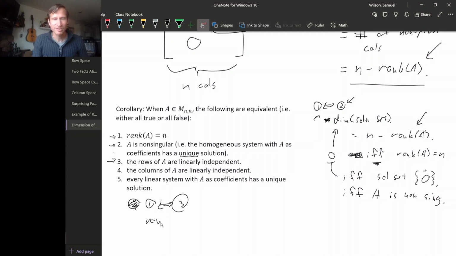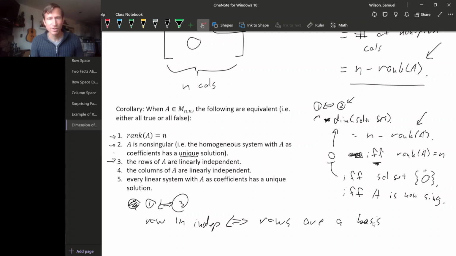Rows are linearly independent if and only if all rows together are a basis for the row space. And I should have said at the beginning, this is for square matrices only. So our matrix is n by n.